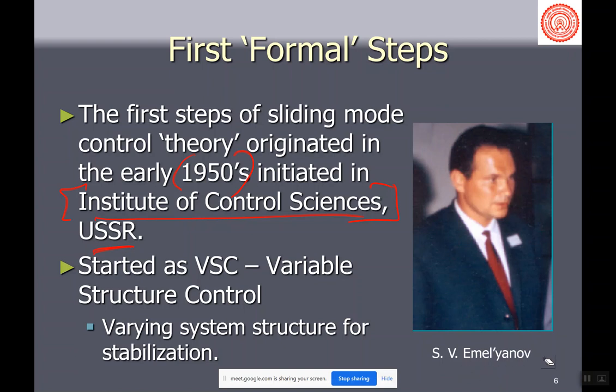The core focus was that you vary the system structure, you vary the control structure, and the aim is to achieve stability in a system where neither of the control structures gives much stability on its own.